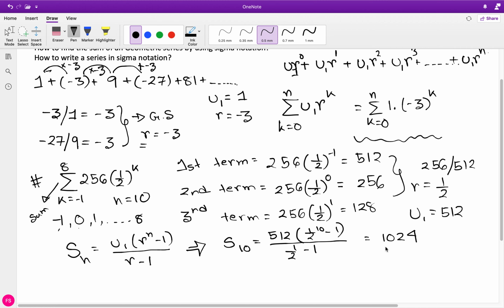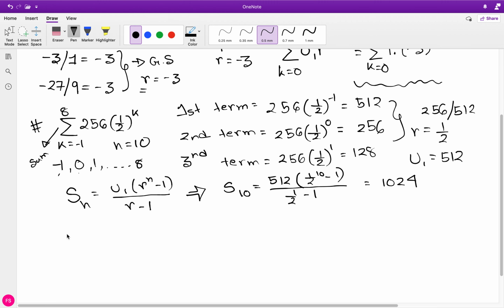But as I told you in my previous videos, when the ratio of a geometric series is less than 1, that means this is a convergent geometric series. When the series is convergent, you don't need to use the formula for this sum.